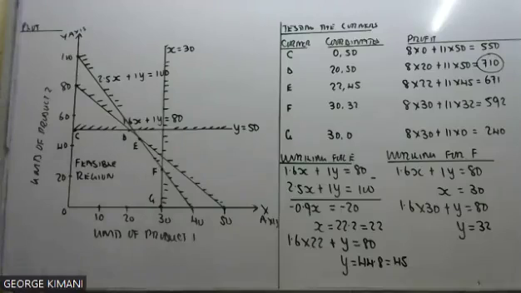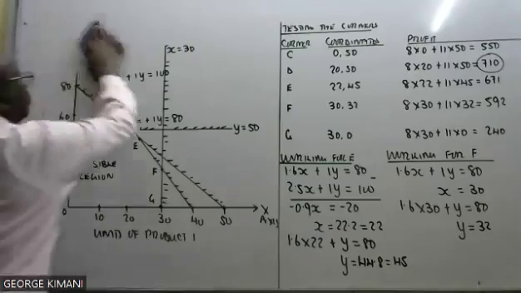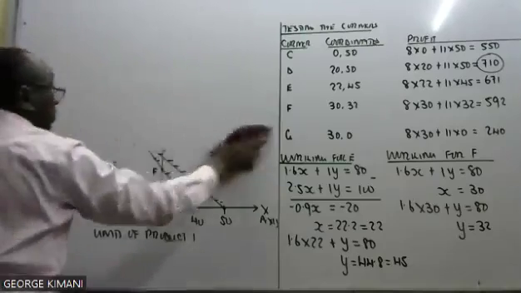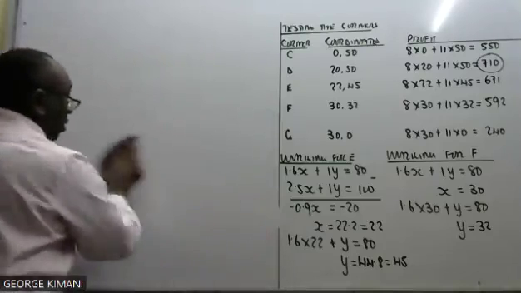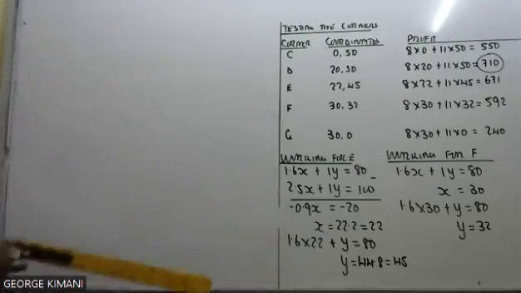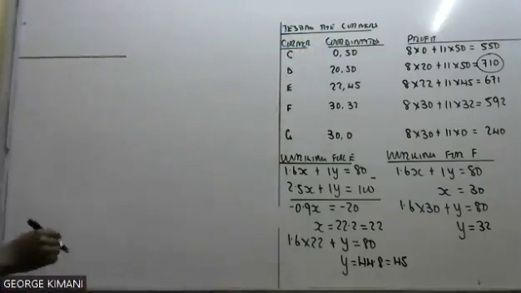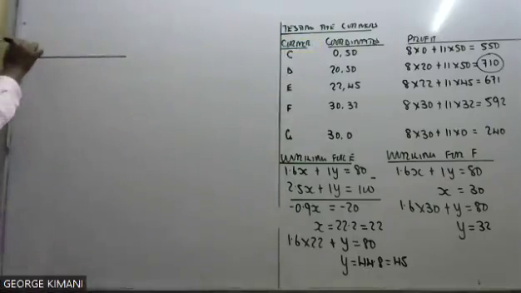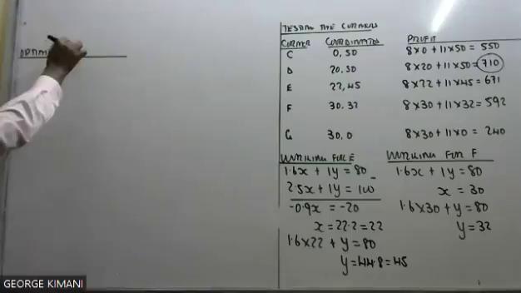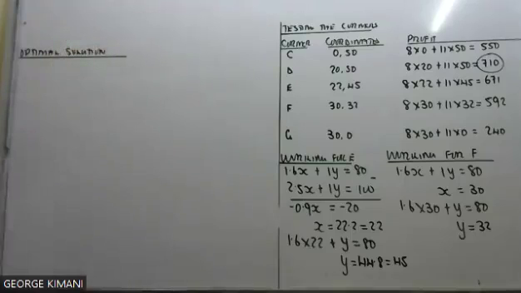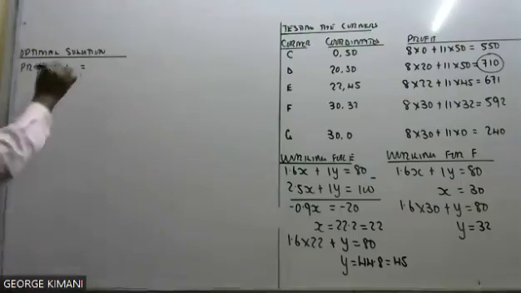And now from there, below that, you give us the optimal solution. Now the optimal solution, you should tell us product 1. Remember product 1 was our X. It's good you connect us there.